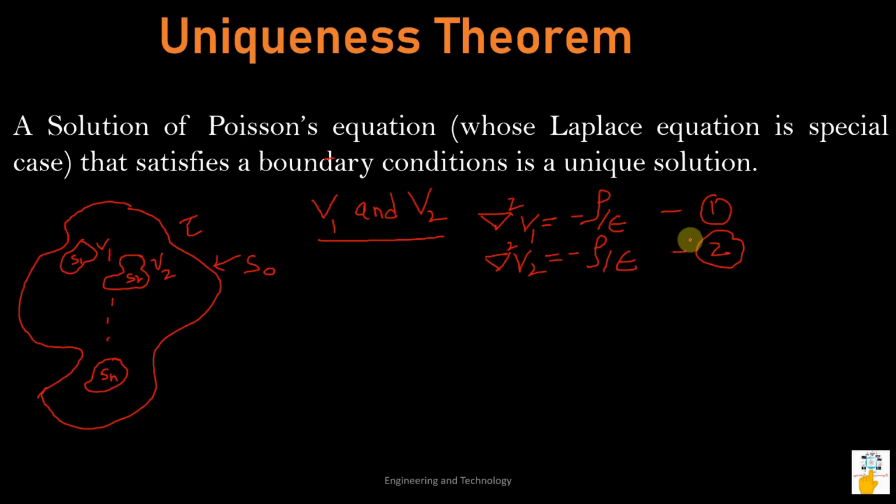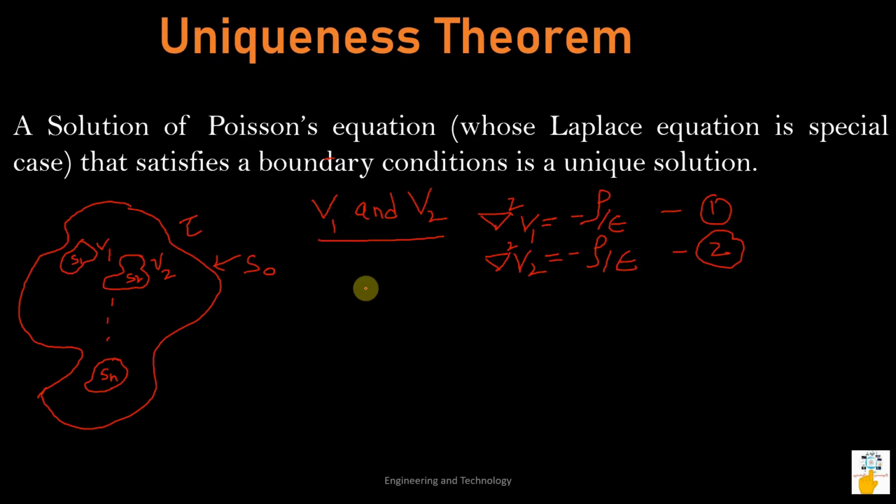Now we also assume that V1 and V2 satisfy the same boundary condition on S1, S2 and up to S0. This is our assumption, contrary to the uniqueness theorem.